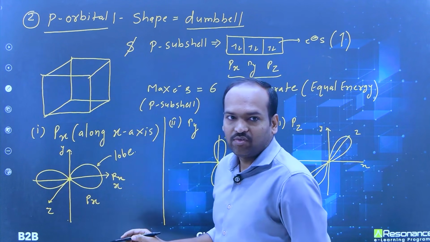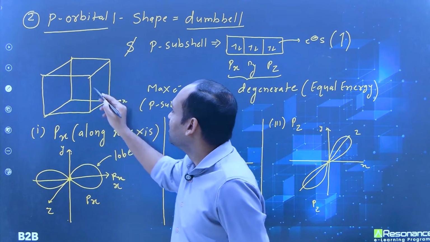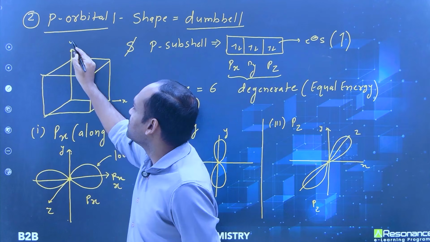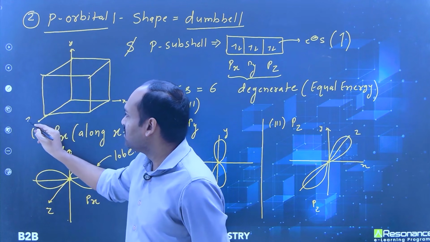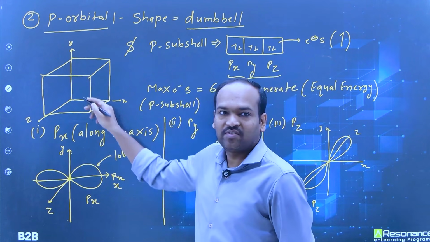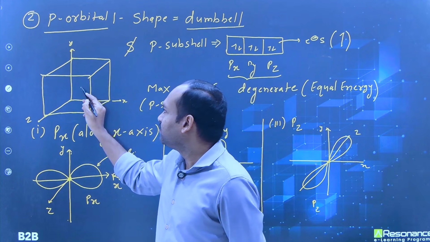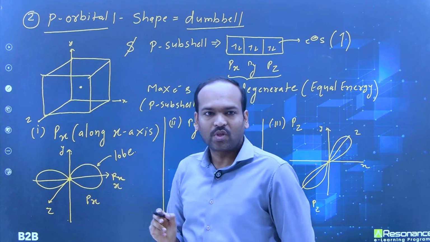Suppose this is along the x-axis, this is the y-axis, and this is the z-axis. Clear? X-axis, y-axis, z-axis meet at the center of the cube.